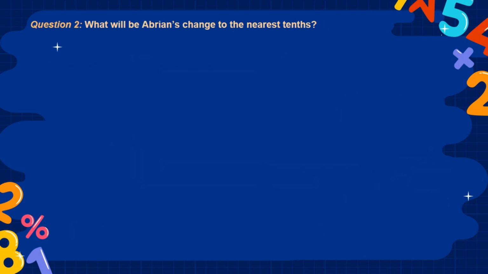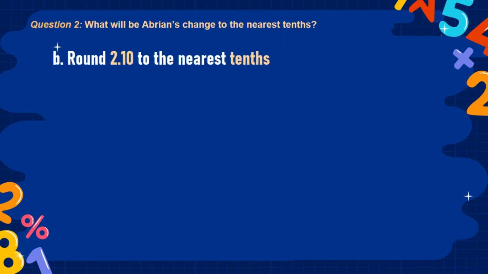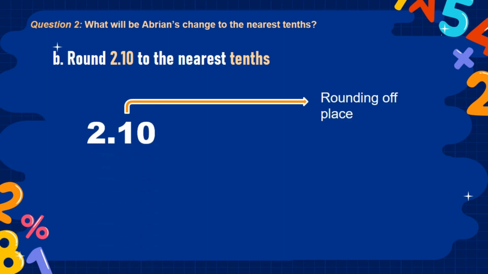Question number 2. What will be Adrian's change to the nearest tenths? Adrian's change is 2 pesos and 10 centavos. Therefore, we are going to round 2 and 10 hundredths to the nearest tenths. One is the rounding off place.